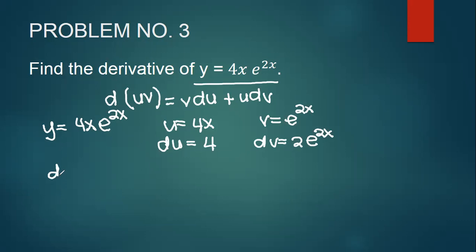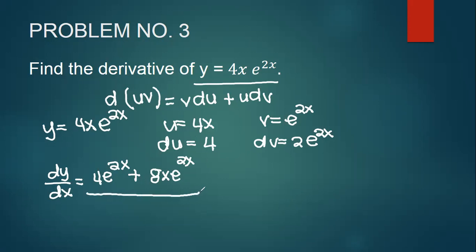So dy over dx is equal to v du, so 4e raised to 2x, plus u dv, 4x times 2e raised to 2x, so that's 8x e raised to 2x.